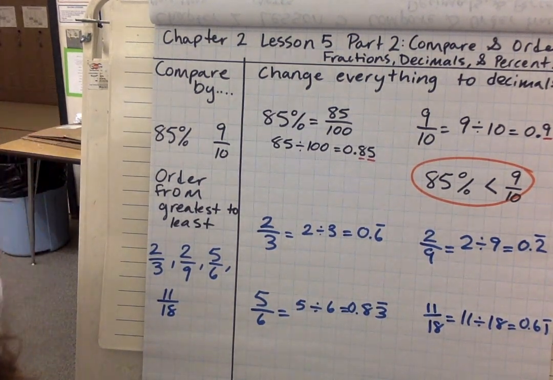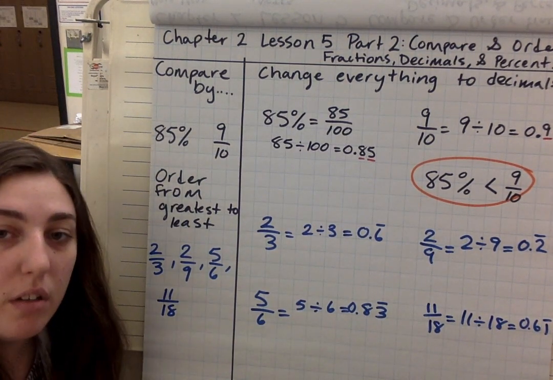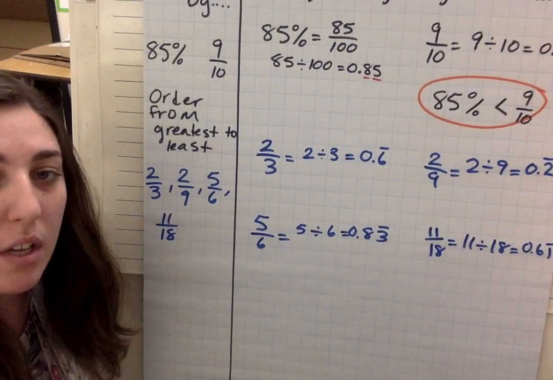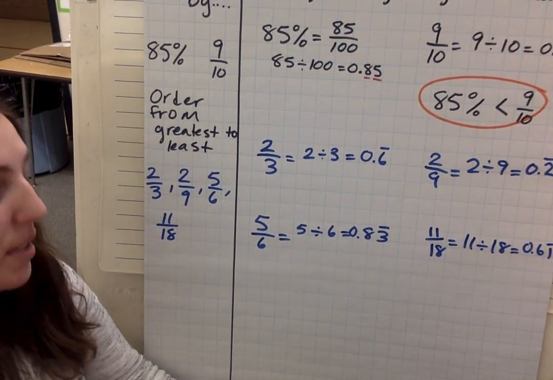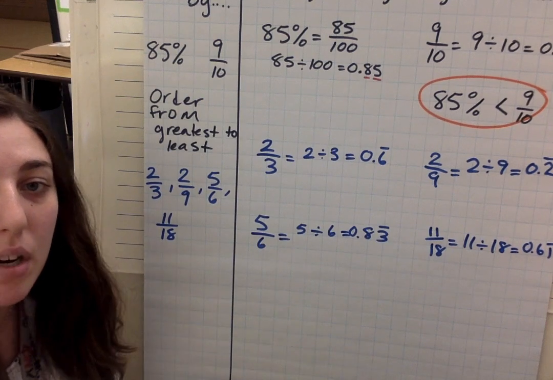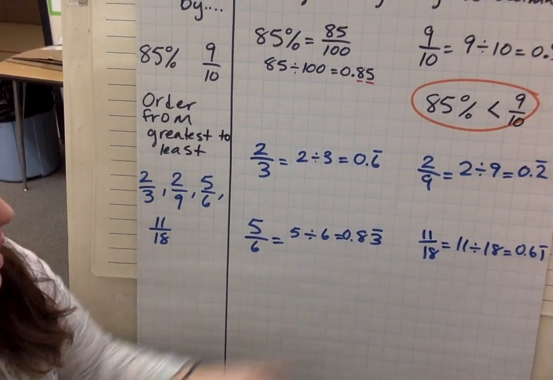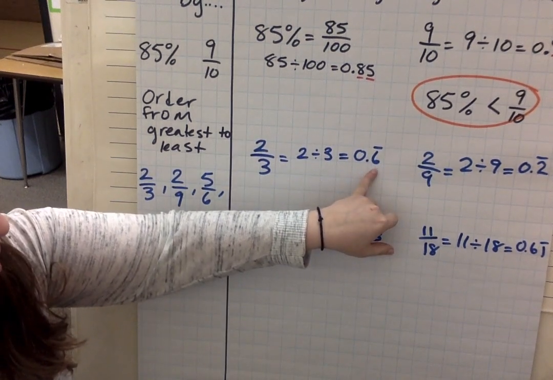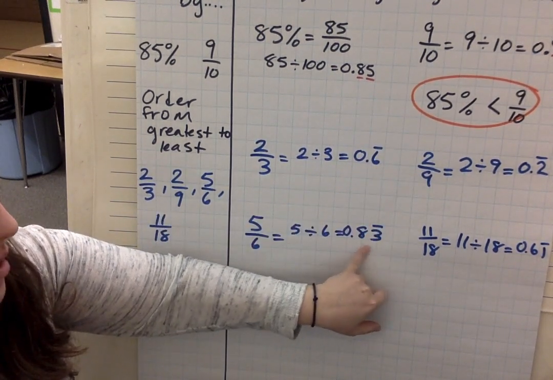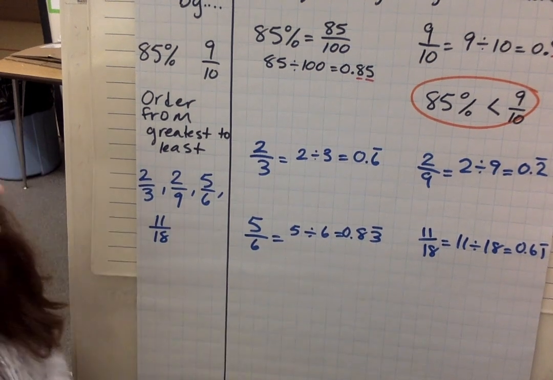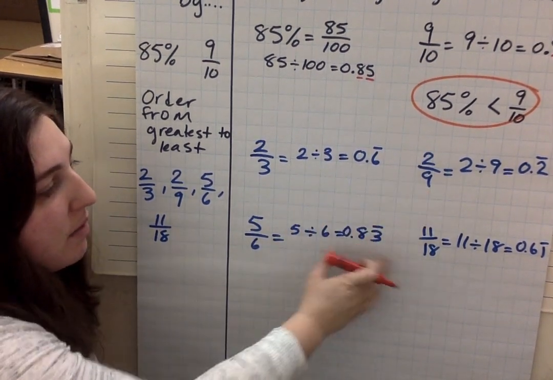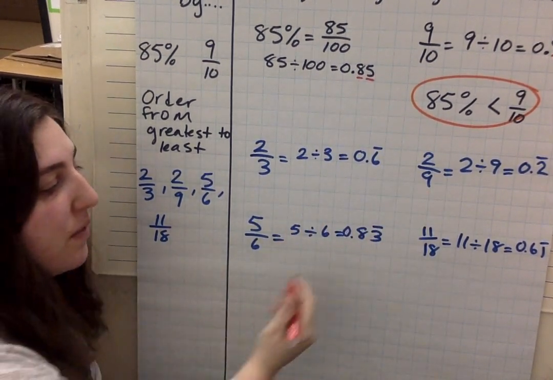Okay, so we've done most of the hard work. The only thing we need to do now is to make sure that they all have the same number of place values in their decimal, okay? So I see that this number has 1 place value, but this one here has 2 place values. So I need to change some of these, so that they have at least 2 place values.